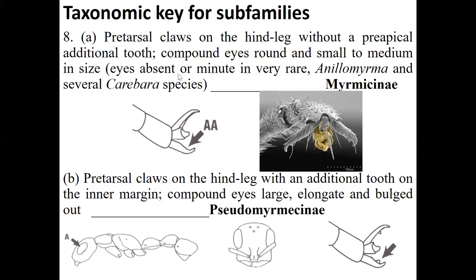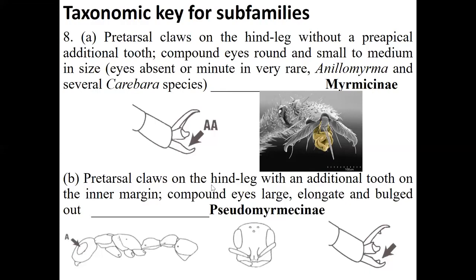So eyes may be absent to very small. It's very difficult to locate, especially in Anillomyrma it's absent, but Carebara, very difficult to even find in the specimens, right? And if these features are found in the specimen that you are examining, it belongs to subfamily Myrmicinae.